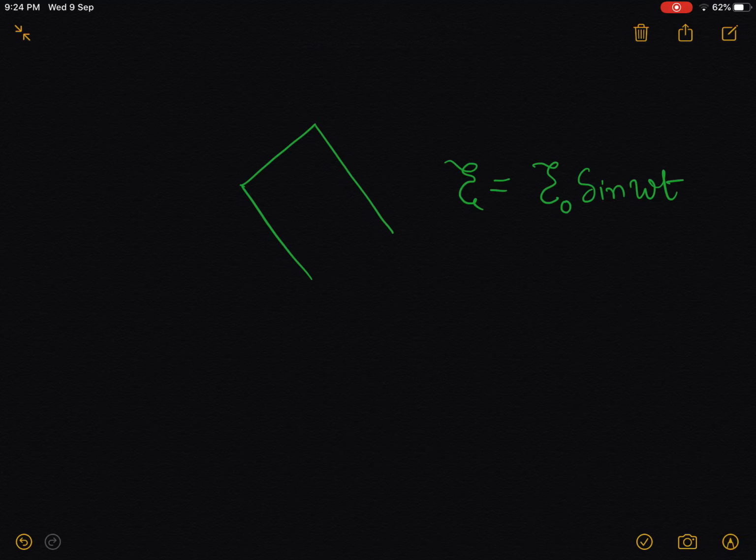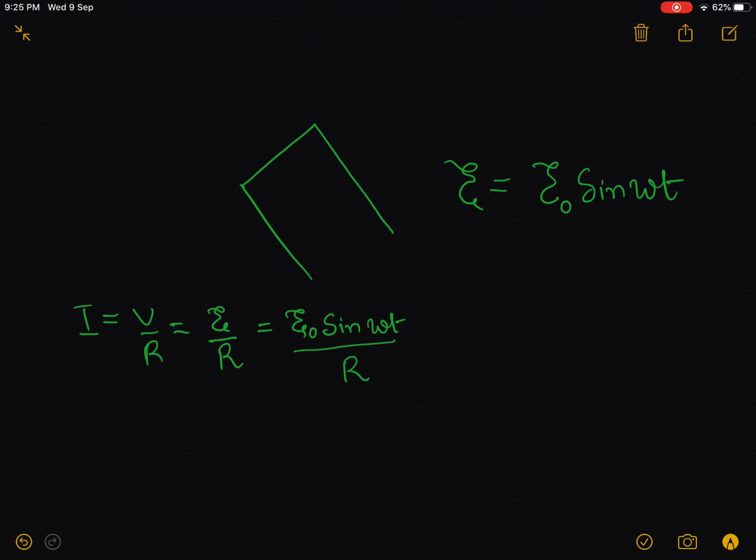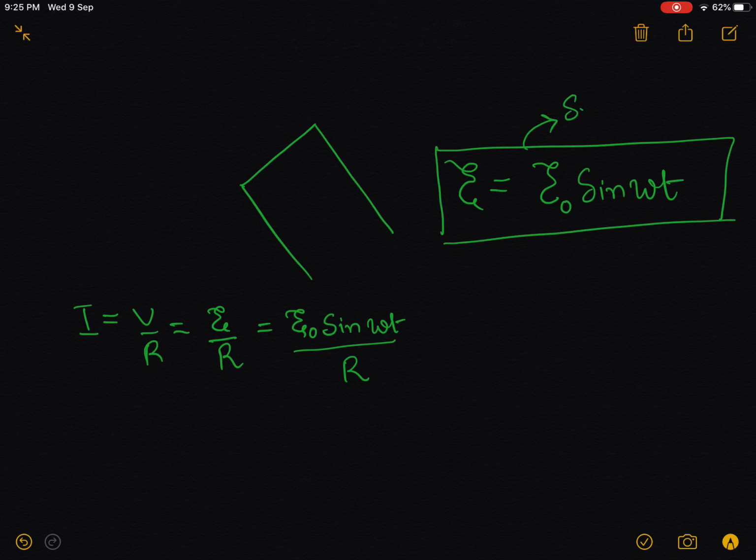Okay, so now let me say if my current is I, which is equal to V upon R, I can simply say it is equal to e upon R, which will be equal to e naught sine omega t upon R. Now if you are not very sure how we derived this equation, there will be a separate video for it.